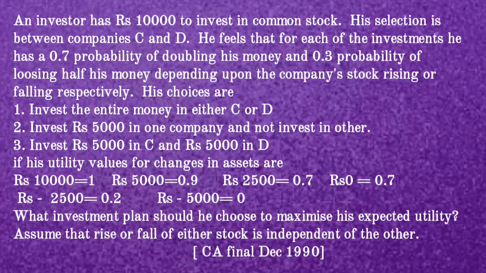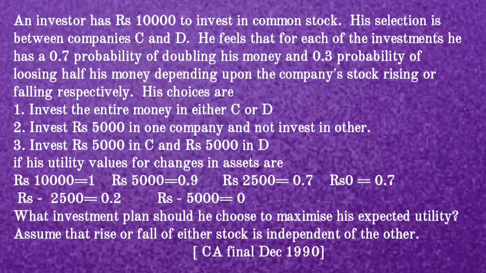If his utility values for changes in assets are rupees 10,000 1, rupees 5,000 0.9, rupees 2,500 0.7, rupees 0 0.4, minus rupees 2,500 0.2, minus rupees 5,000 0.